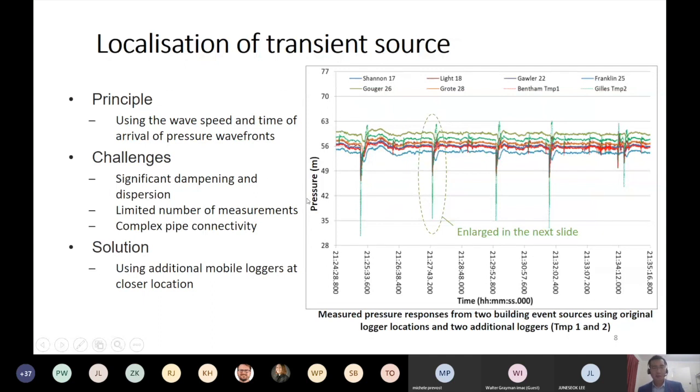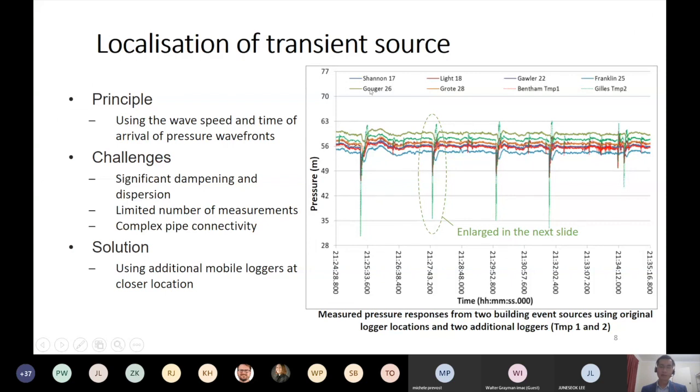Then one thing we did was try to find the source of some of the significant transient events, because we worry about the impact on the city network. So these are from the buildings, as we understood. So we try to locate the buildings.